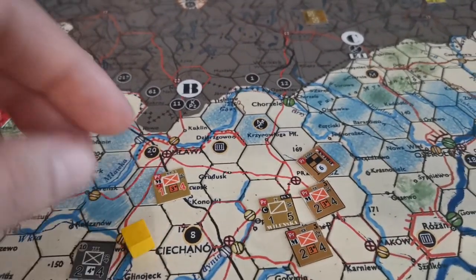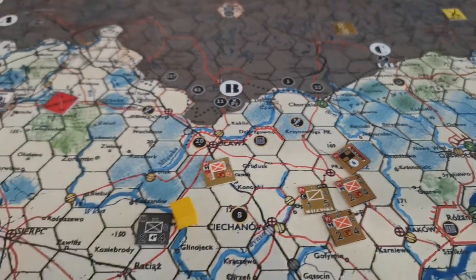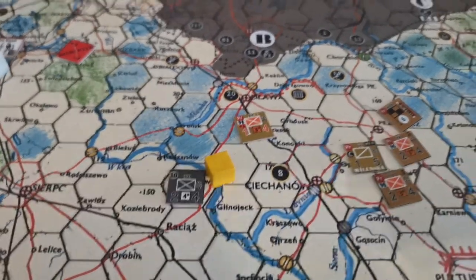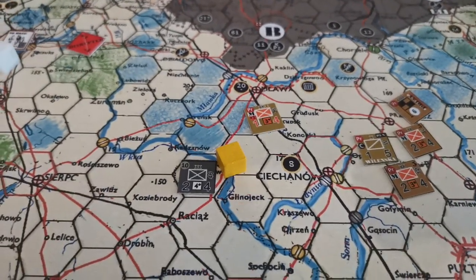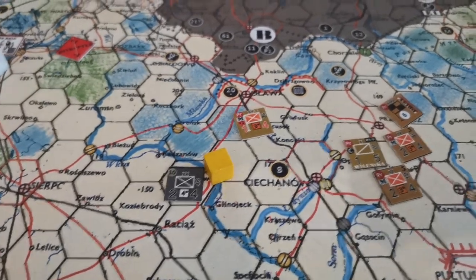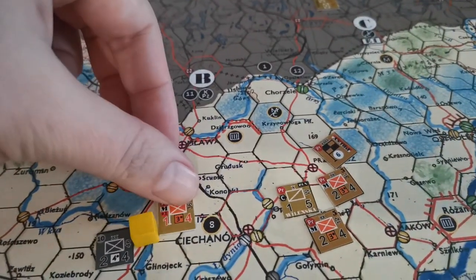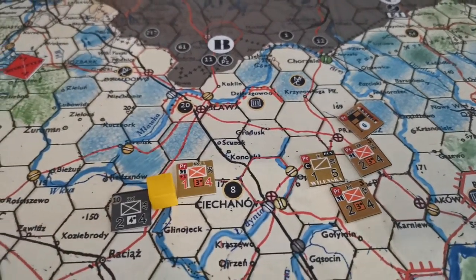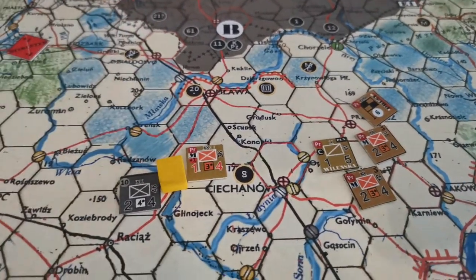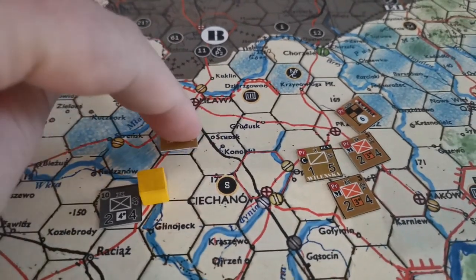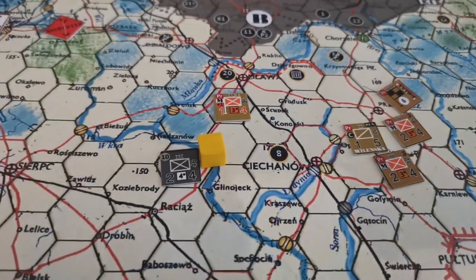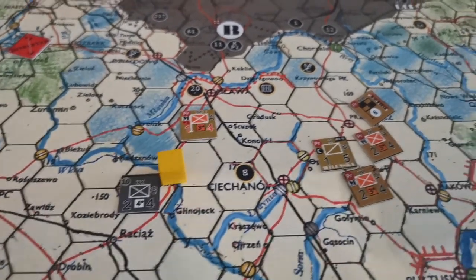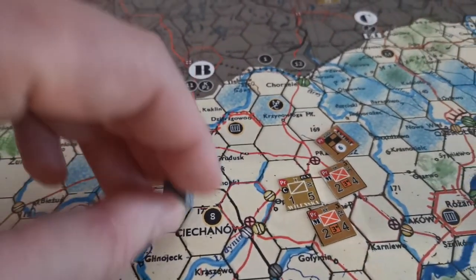For repairs of the bridge, if a unit starts its activation adjacent to the blown bridge, the German player can try, if the hex behind the bridge is free of enemy units. If it is not free, the bridge cannot be repaired. If it is free, the German player can roll 1d6 and check if the bridge is immediately repaired.